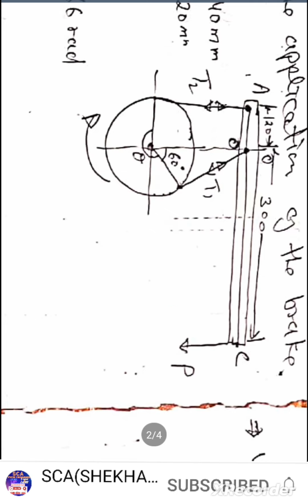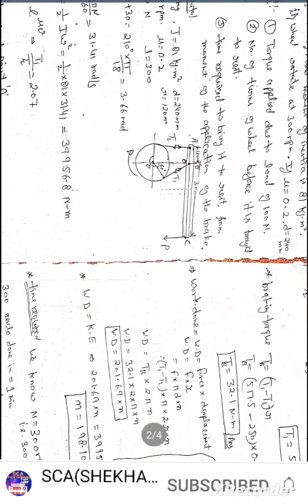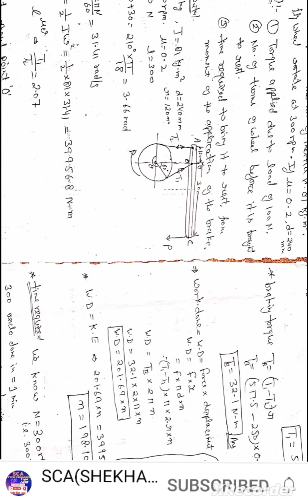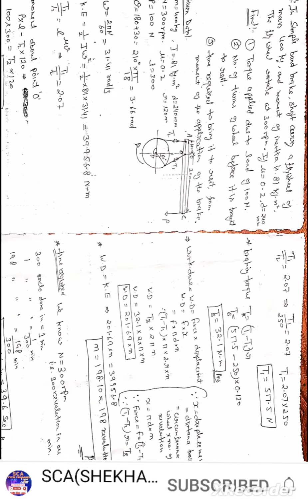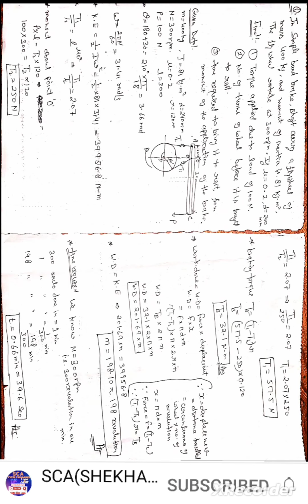Okay, now move on to the question. First, theta is equal to 180 plus 30, that is 210 degree. This is in degree, but we will use radian, so we multiply by pi by 180.